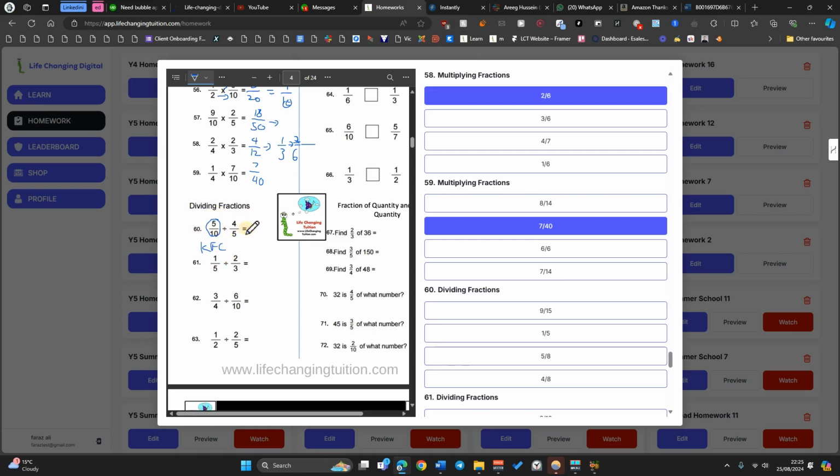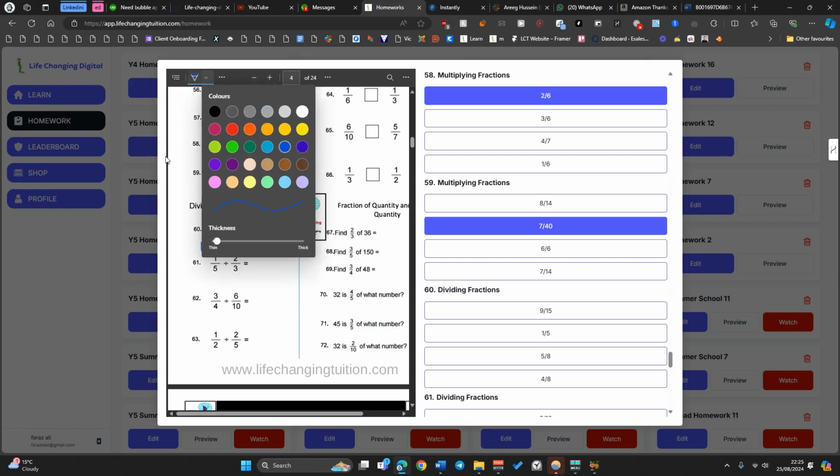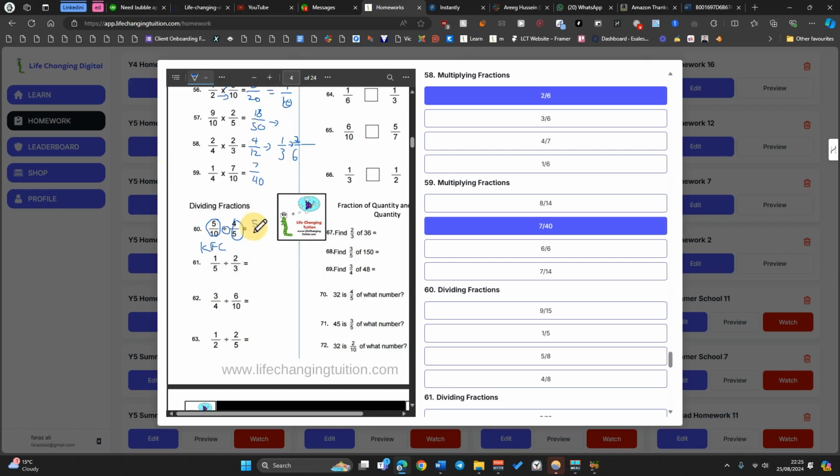So you keep the left side, flip the bottom and top, meaning you change it to 5 over 4, right? And you change the divide symbol to a times. So now this is just 5 over 10 times 5 over 4, right? And what you can do is 5 times 5 is 25, and 10 times 4 is 40.